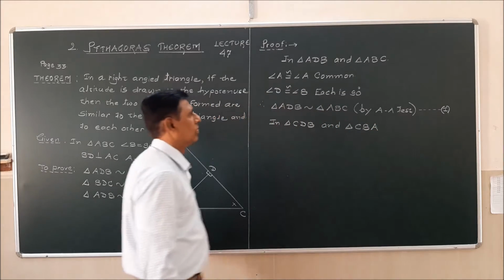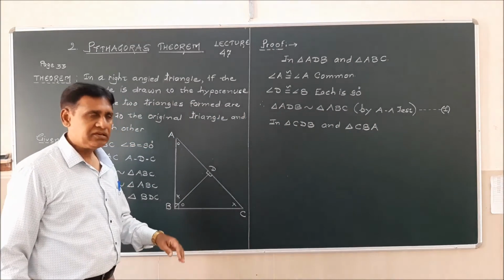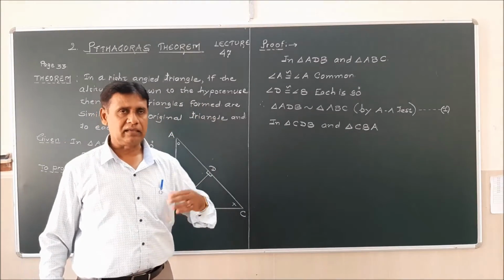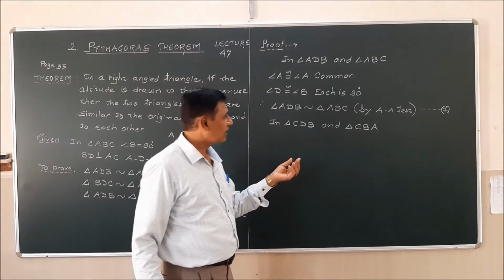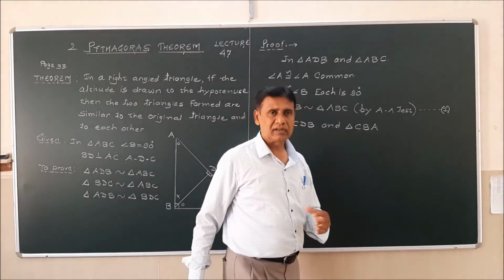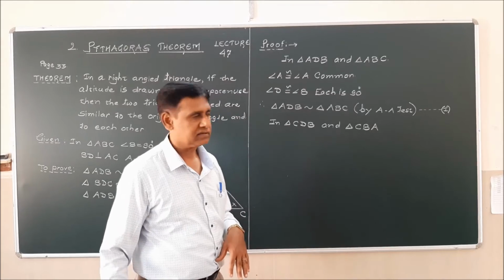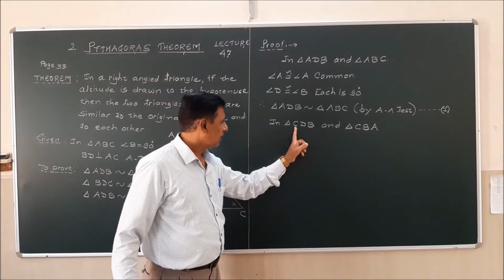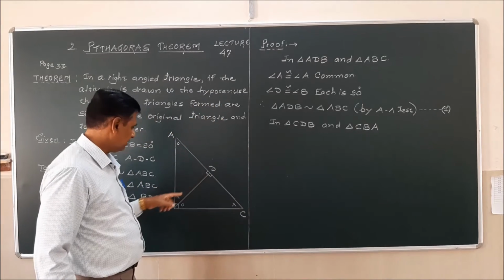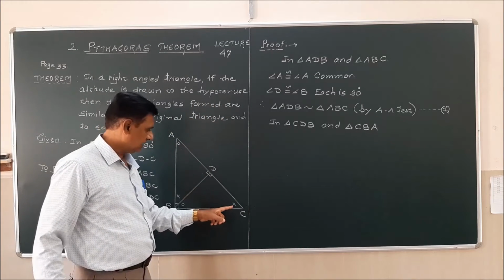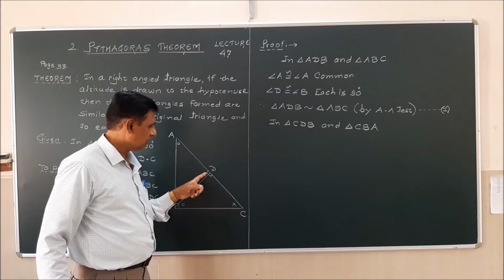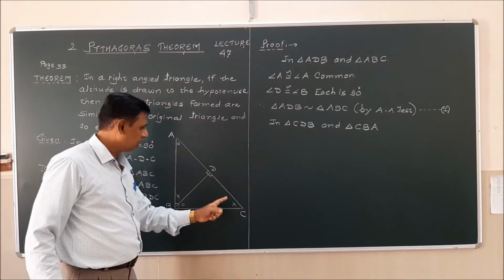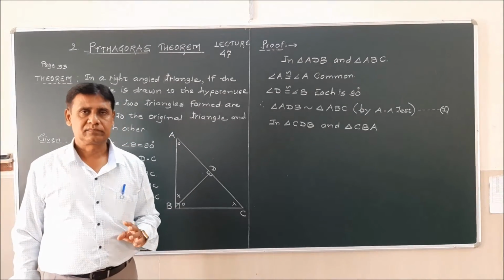I have mentioned over here triangle CBA; the triangle ABC I have taken as CBA. Try to understand the reason behind it. Because you will find angle C of triangle CDB as well as angle C of triangle ACB are common angles.